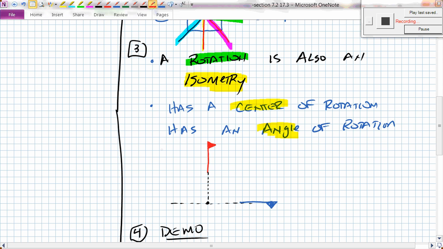If this is my pre-image and this would be my image, the angle of rotation is right here, and this is my center of rotation.